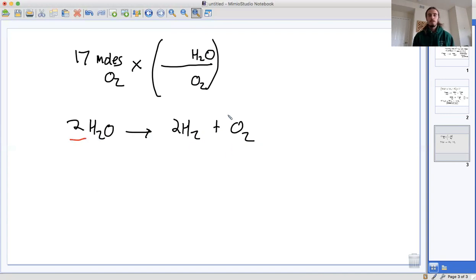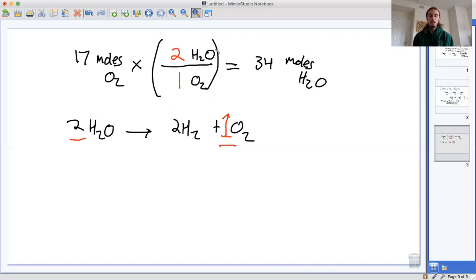My coefficient for oxygen is 1. So I'm going to use those coefficients in my conversion factor: 1 oxygen for every 2 waters. And so I end up multiplying my moles of oxygen by 2 over 1. And that gives me 34 moles of water.